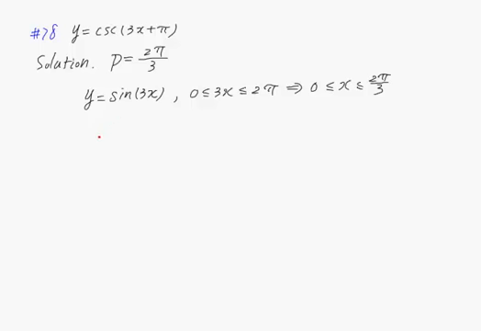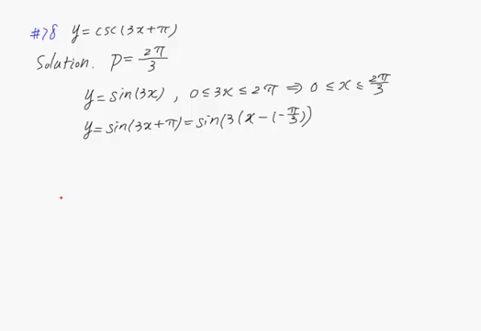Now the next step, we need to get the graph of y equal to sine of 3x plus pi, and we can rewrite this as sine of 3 times x minus negative pi over 3.